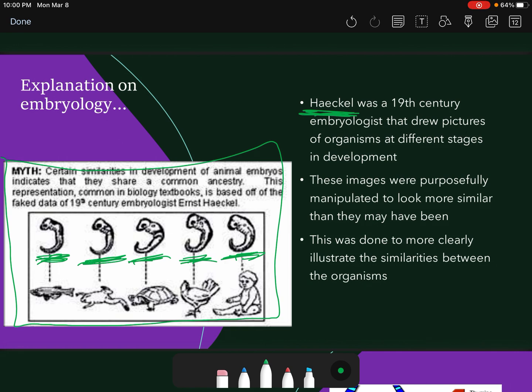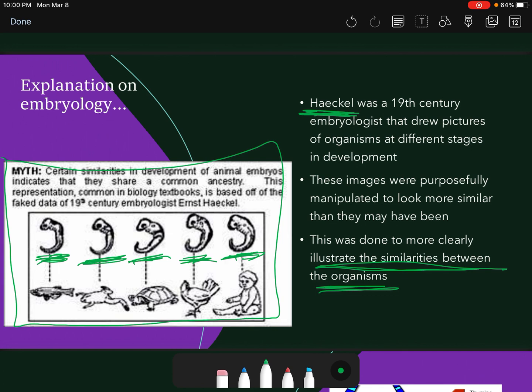So these images were manipulated or distorted in that way. Why was this done? He did this to illustrate the similarities between the organisms more clearly.